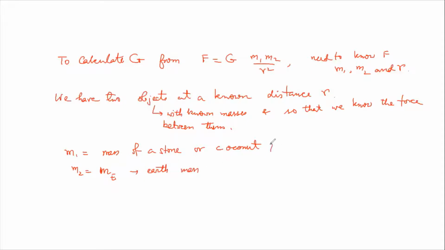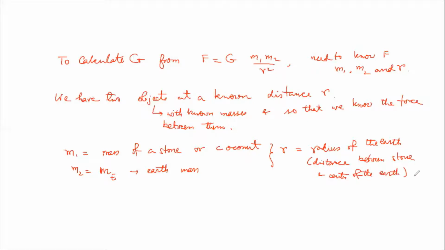In that case, r is the radius of the earth, because this is the distance between the stone and the center of the earth. Because earth is a spherical object, the earth attracts as if the whole mass is at the center.